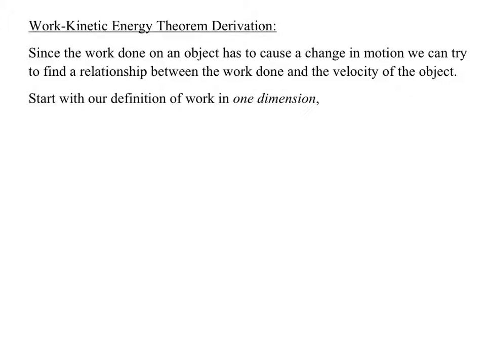So, if we think about it, start with your definition of work in one dimension. What's work? What's the formula for work? Work equals F D cosine theta, right? Now, if we're looking at an object that's moving, guys, focus.